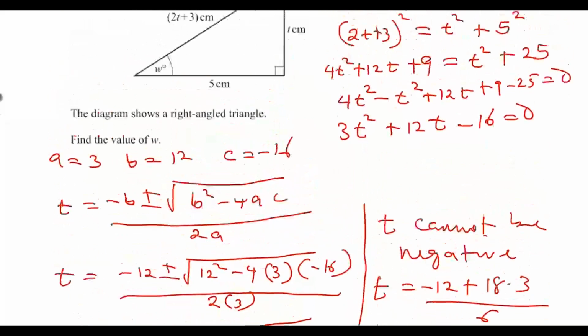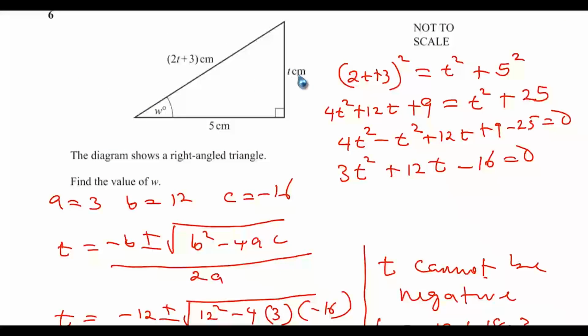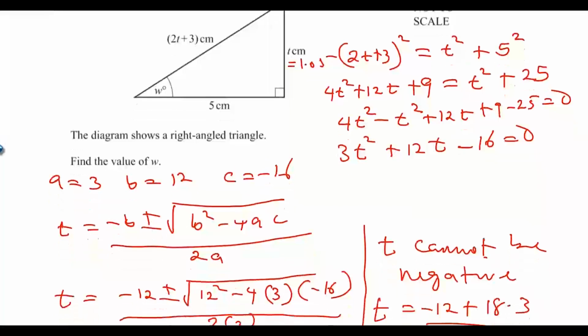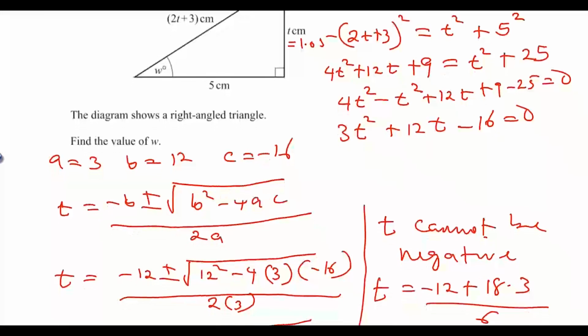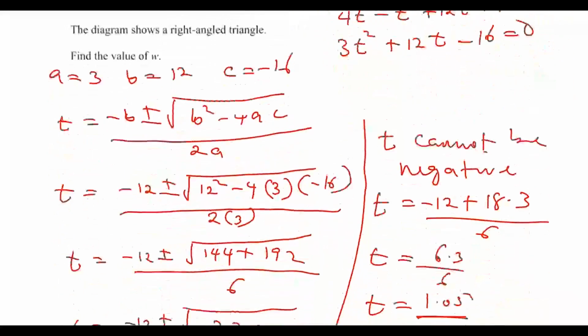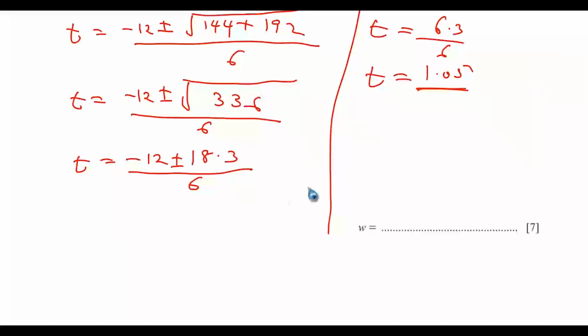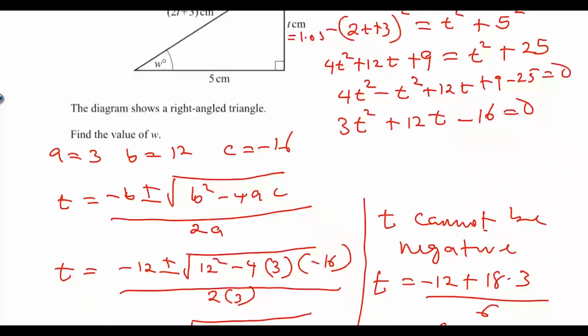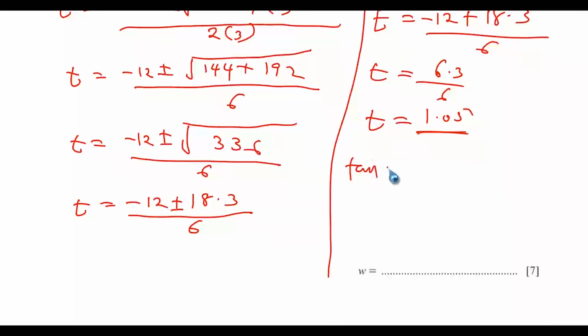So if you scroll here, we have t equal to 1.05. So we can make use of SOHCAHTOA, that is tan, to get our answer here. So we can say that tan w equals opposite, which is t, that is 1.05, over 5.